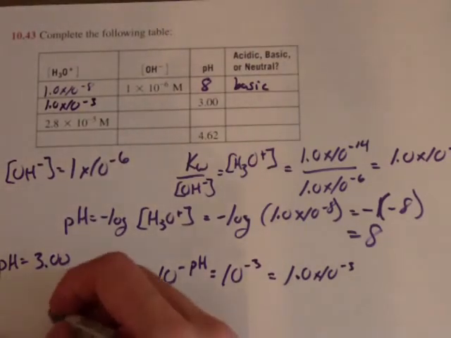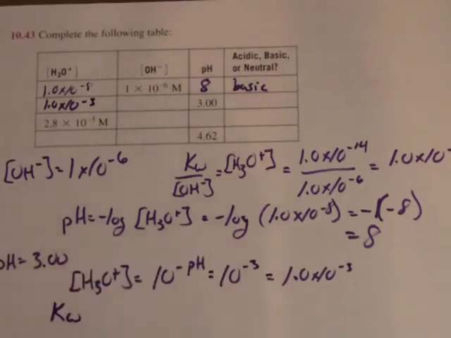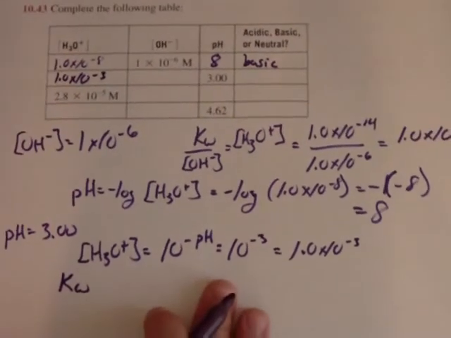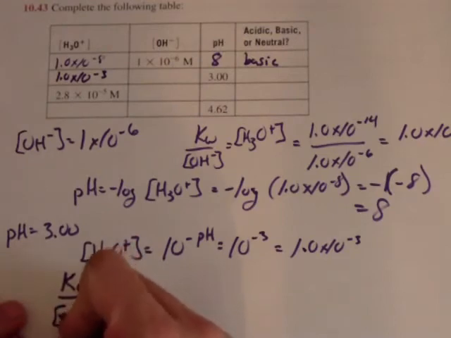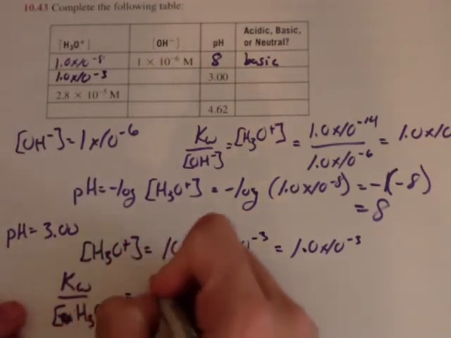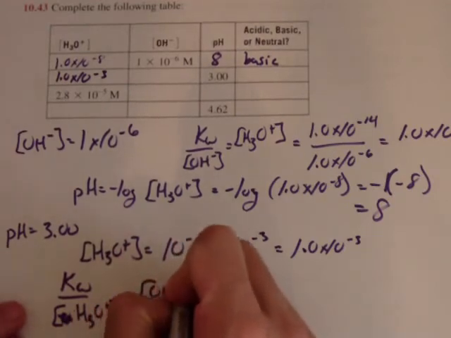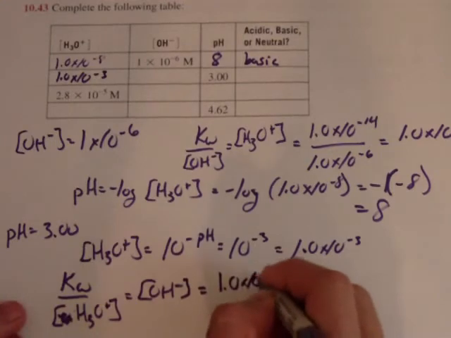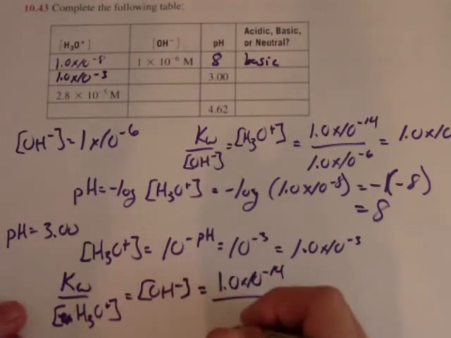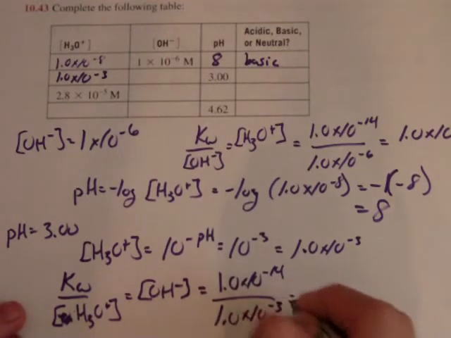For OH minus, we do Kw over H3O plus, which will give us OH minus. And so we get 1.0 times 10 to the minus 14 over 1.0 times 10 to the minus 3.